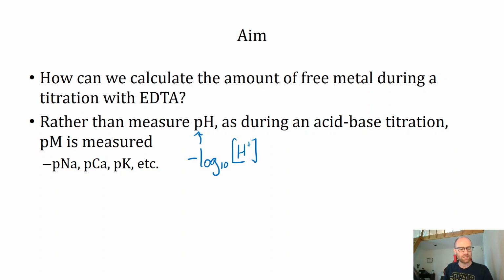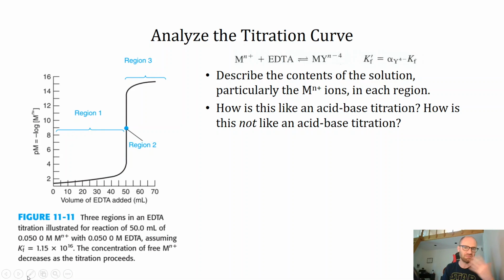It just only makes sense to look at pH in an aqueous-based solution since Kw is present and affects everything. But looking at these solutions, we get to get out of it a little bit. While there is that pH to consider, we're going to look at things like pNa, pCa, pK, which isn't really what it means anymore.